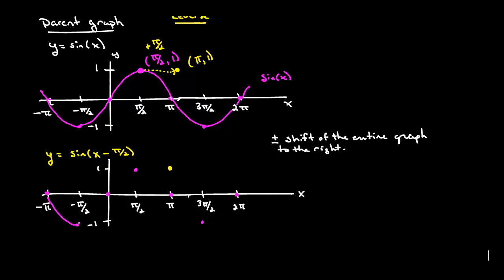Okay, again, here's the original function. The purple one is sine x. And now what we're doing is we have this movement to the right of every single point by pi over 2.